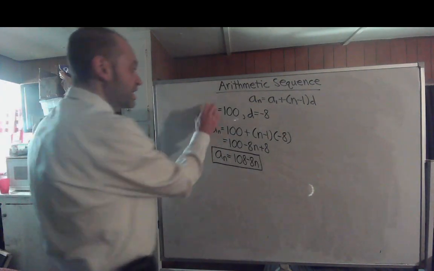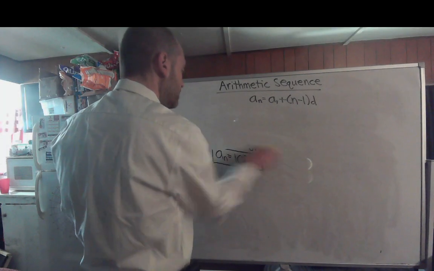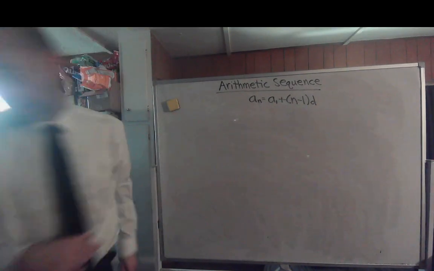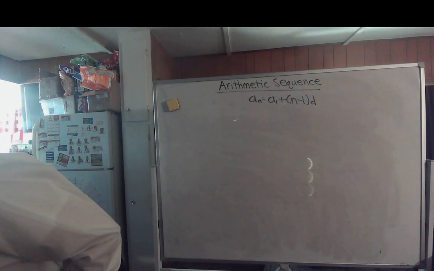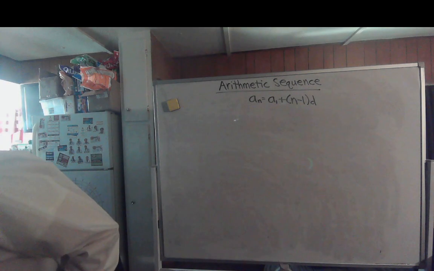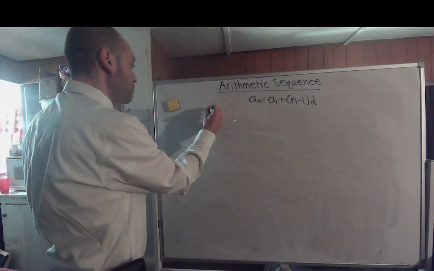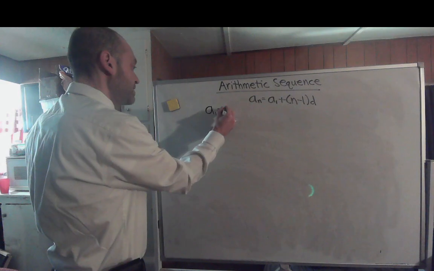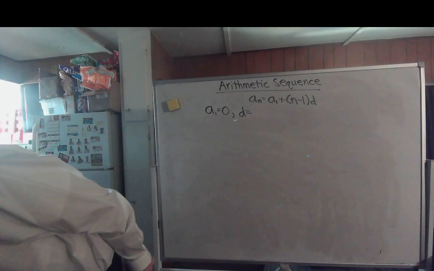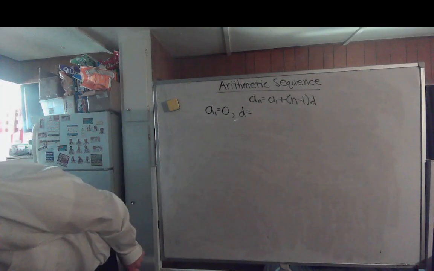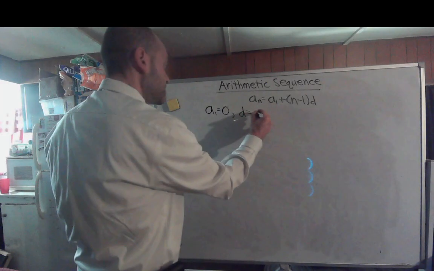Let's do one more easy one, and then we're going to make it a little bit harder. Let's see, we have a sub 1 equals 0, and then we're given that the common difference is negative 2/3.